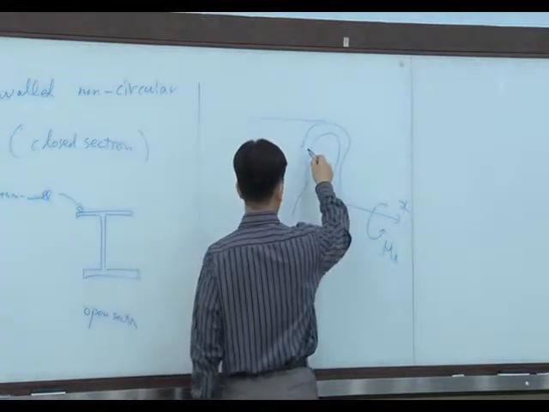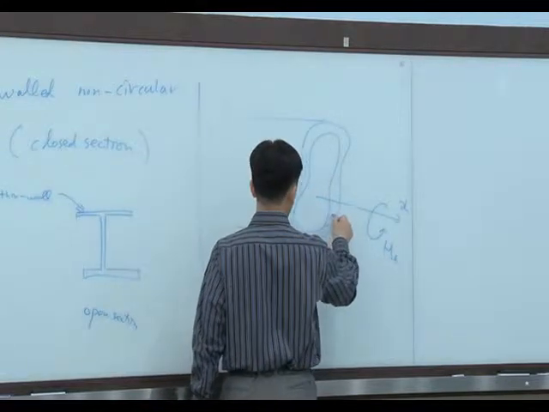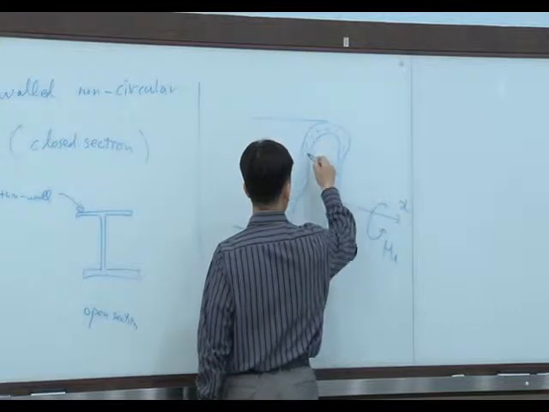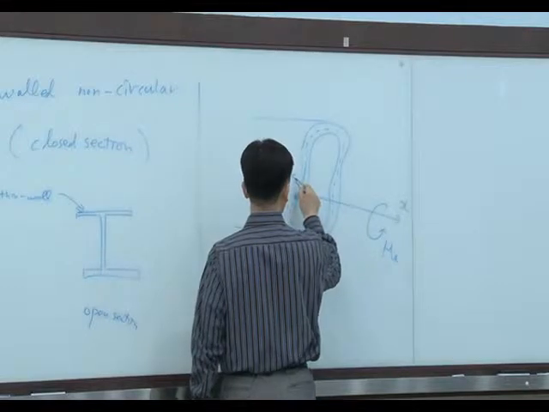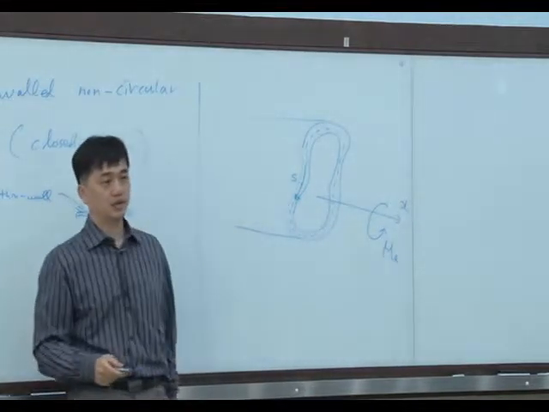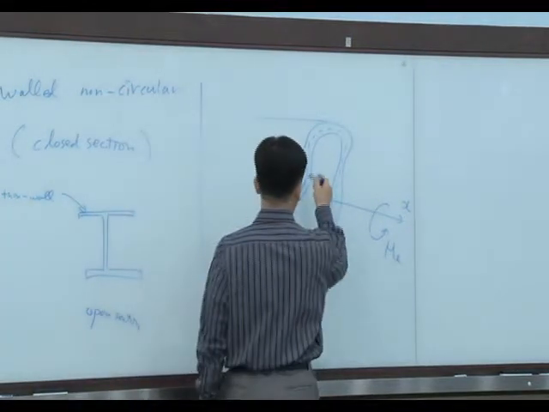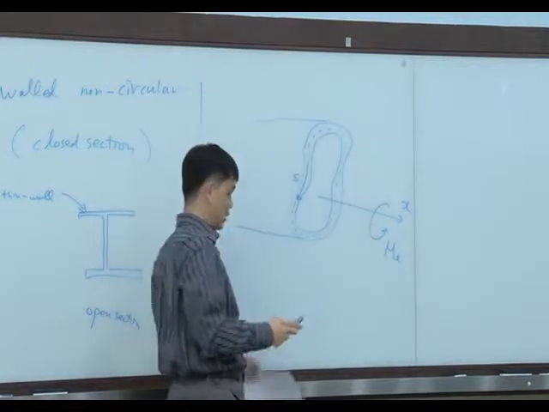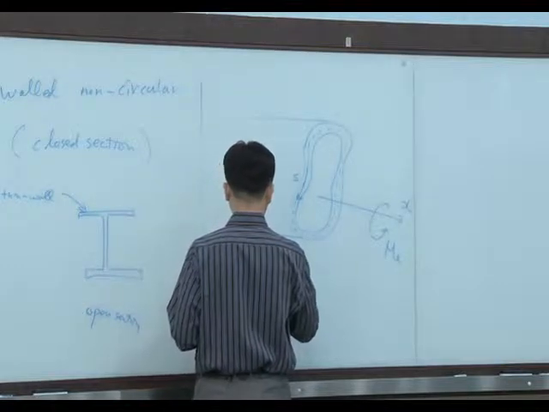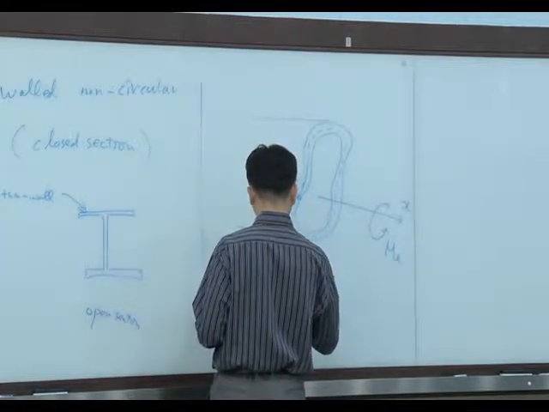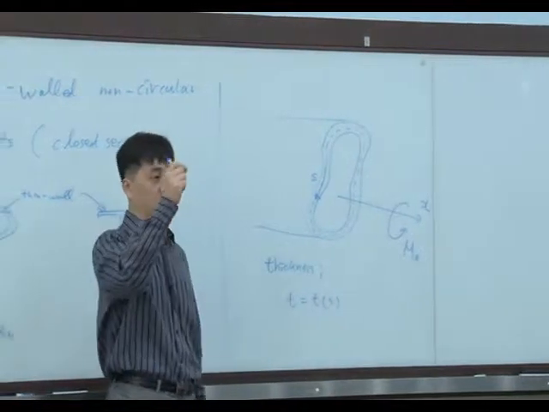Let's define the midline of this thin-walled section, and through this midline, the coordinate system s is defined. s is the coordinate through the midline of the thin wall. And the thickness t is a function of s, so thickness can change.